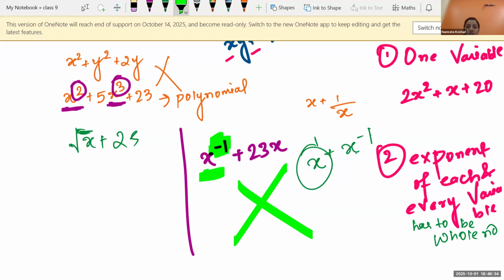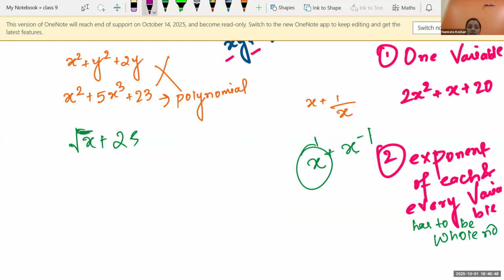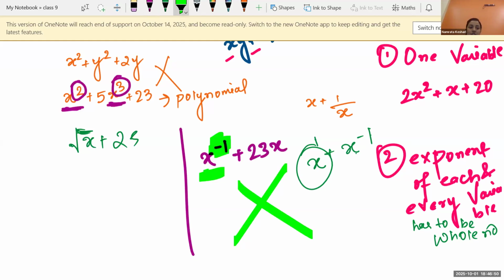Do you know these rules? Okay, so the example which I have given, root x plus 25, I'm talking about this particular example which I had written over here. I was asking whether it is a polynomial or not. First, rule number one: one variable has to be there.